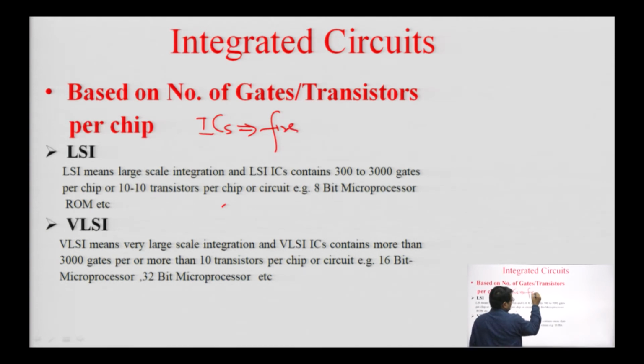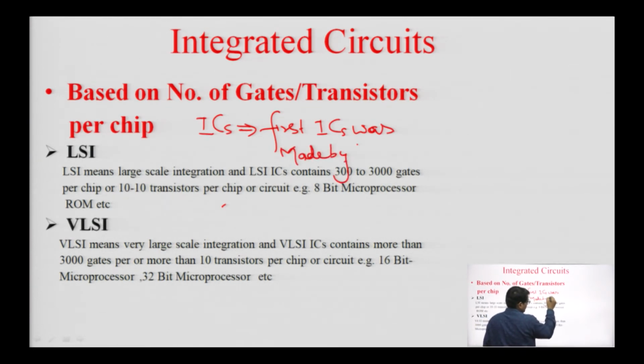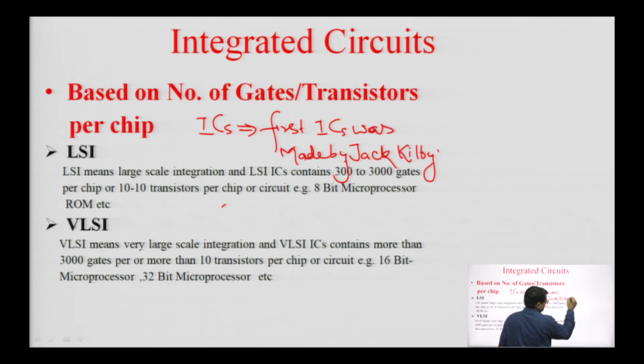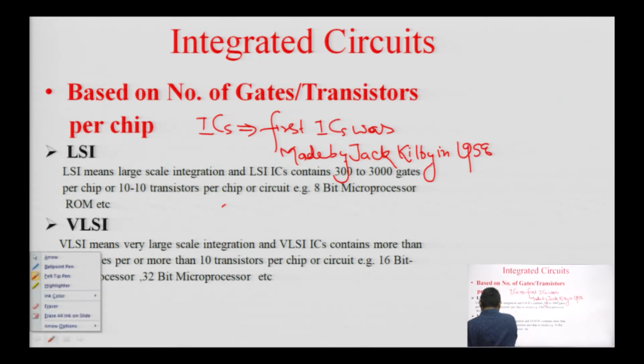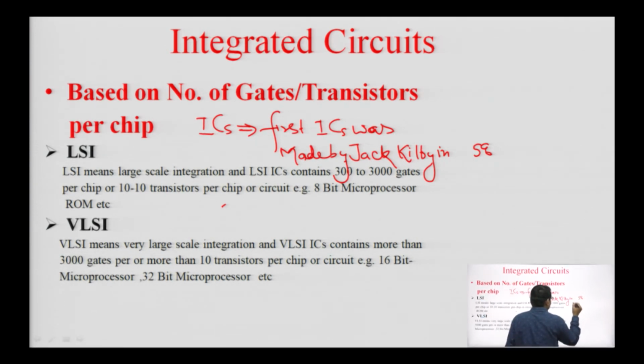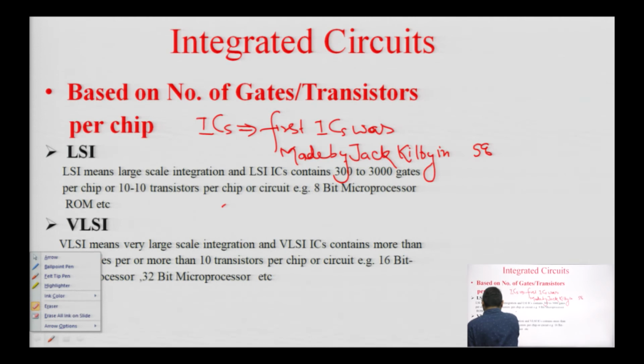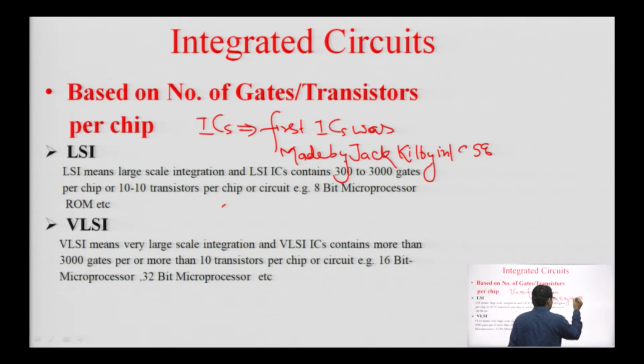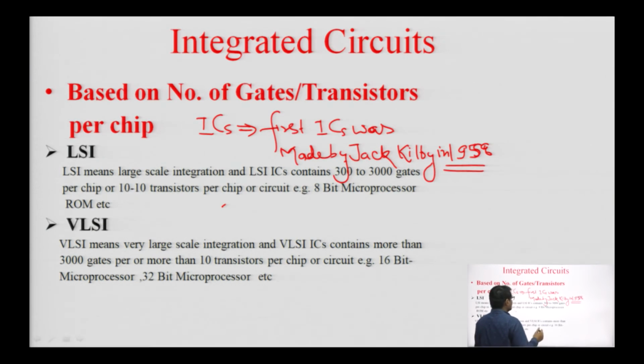The first IC was made by Jack Kilby in 1958, based on germanium material.